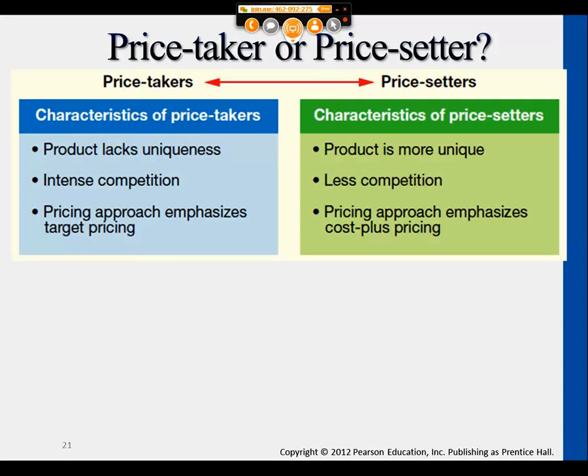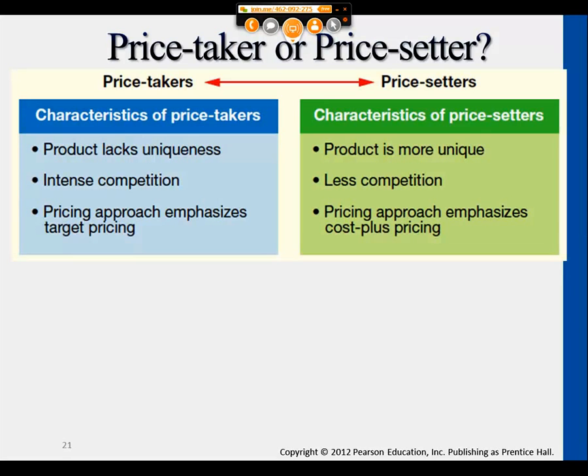So on the two sides, we have price takers on one side, price setters on the other, on the horizontal line. So who are price takers? When our product is not that unique. What does it mean that my product is not very different from another producer?